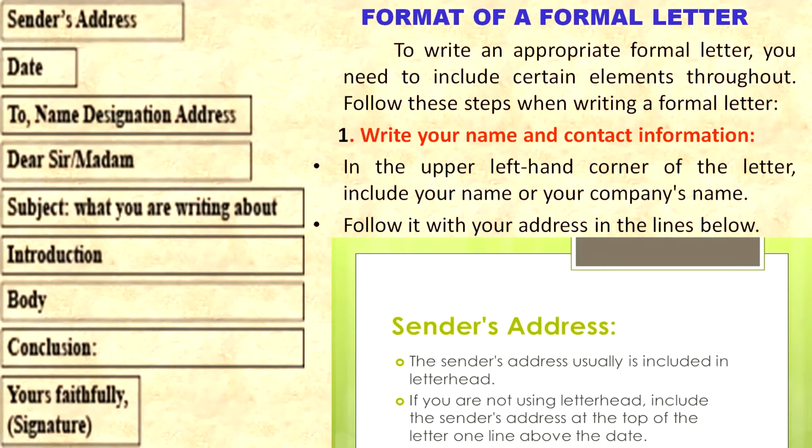So, if I am writing the letter, then I will write my name and address in the left-hand corner right at the beginning of the letter. The address is usually included in the letterhead, but if you are not using a letterhead, then it needs to be written at the left-hand corner, right above the date which you are going to write.